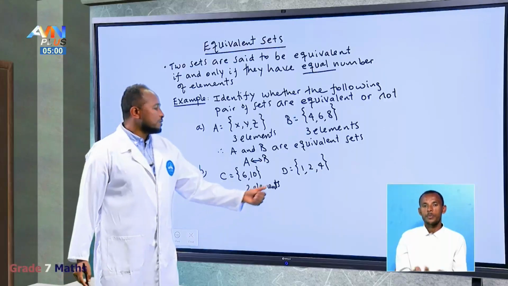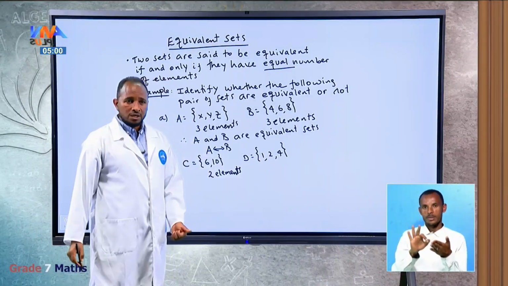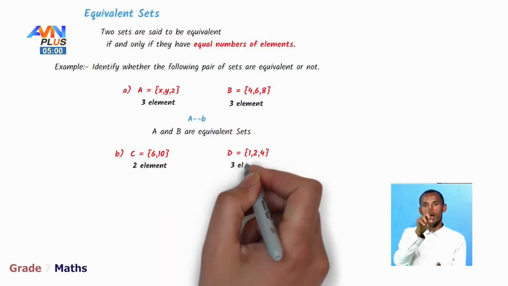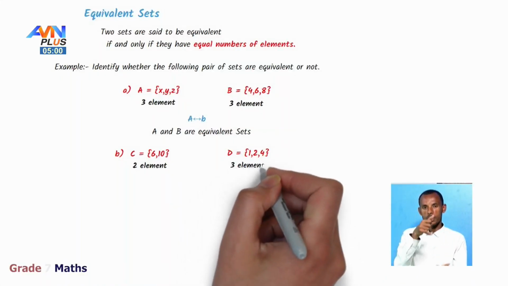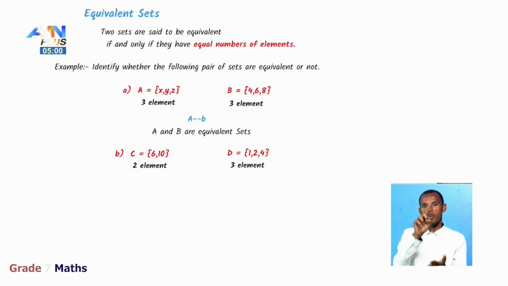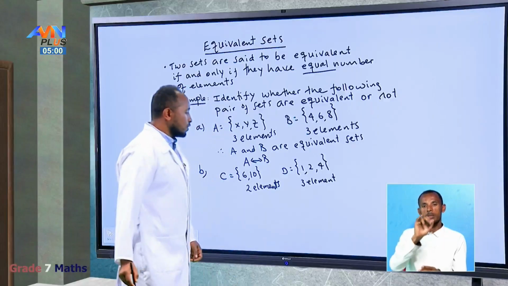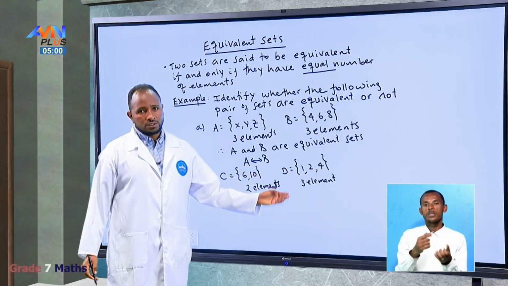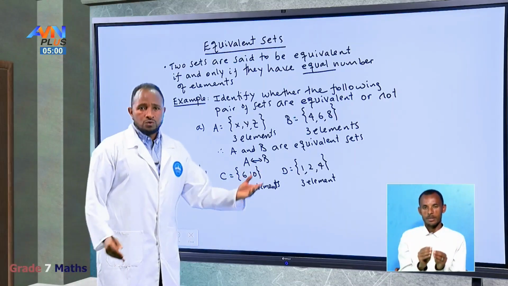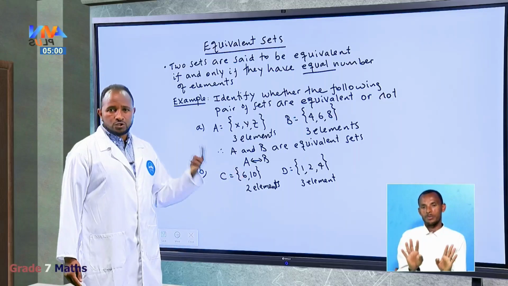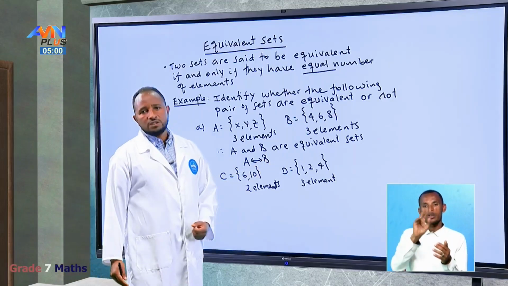When we see set C, it has 2 elements, 6 and 10. When we count the number of elements of set D, it contains 1, 2, and 4, which is 3 elements. So these two sets do not have an equal number of elements. The number of elements of set C is 2, and of set D is 3.